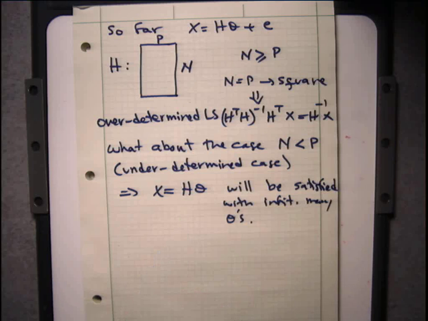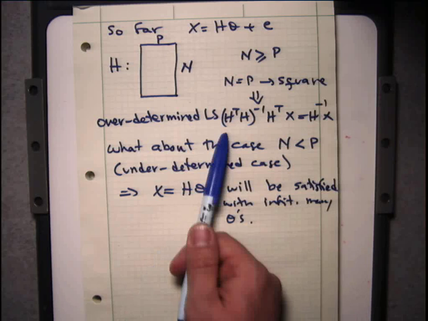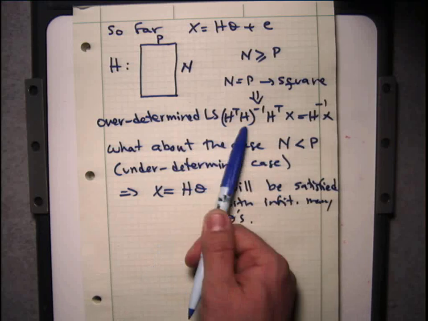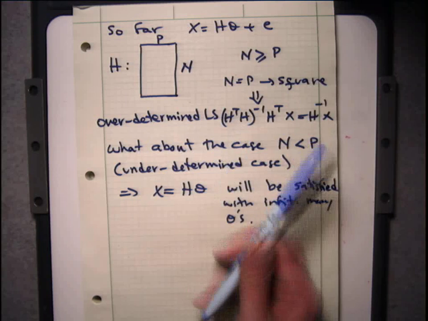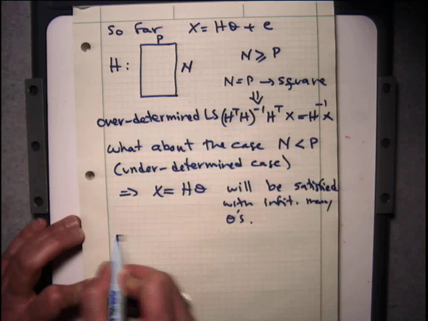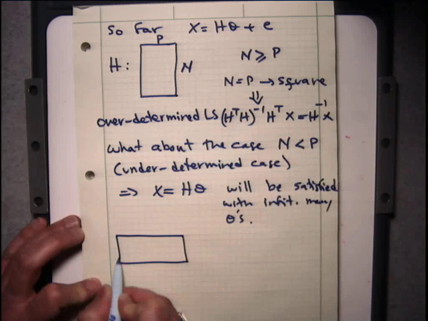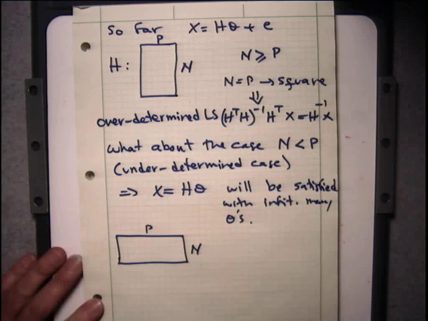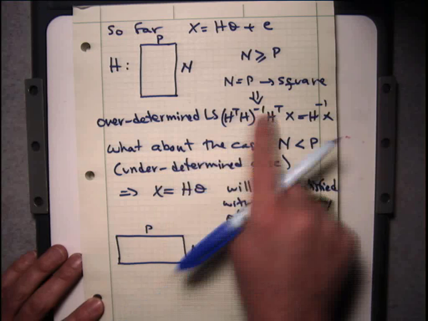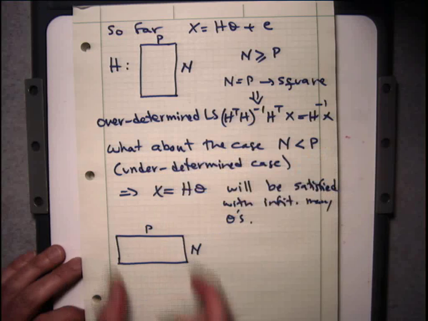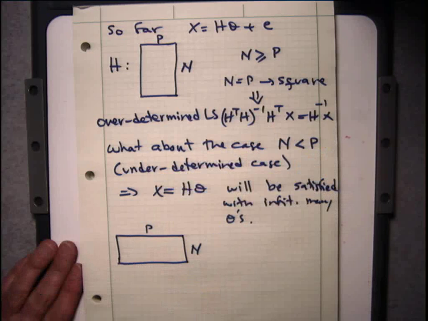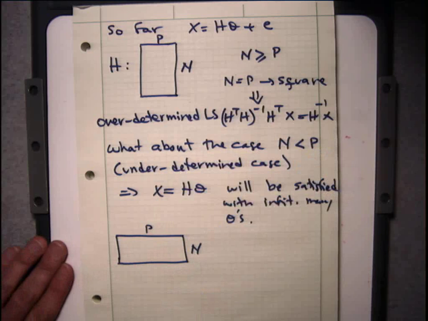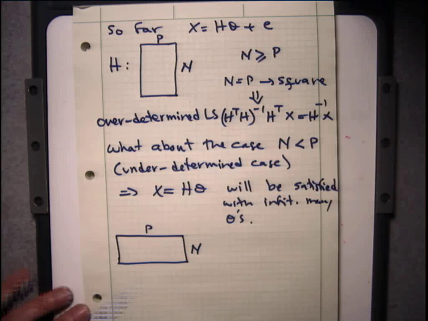First of all, H transpose H will be rank deficient, period. In the underdetermined case, H will look like this, where this is your number of samples and this is your number of parameters. H transpose H is going to be a large matrix of dimension p with rank at most n, which is less than p. So you can't invert it, and this is simply not going to work.